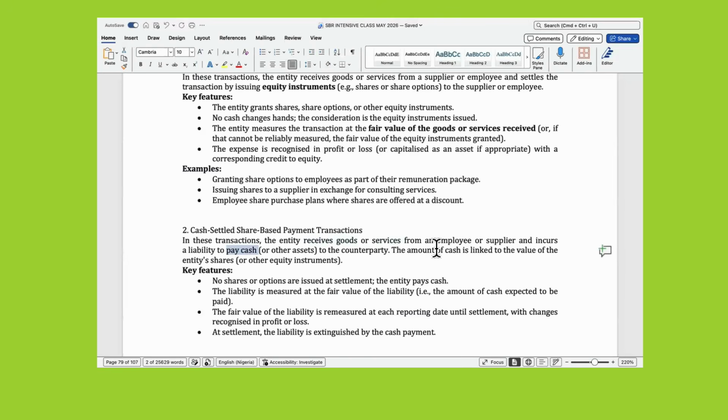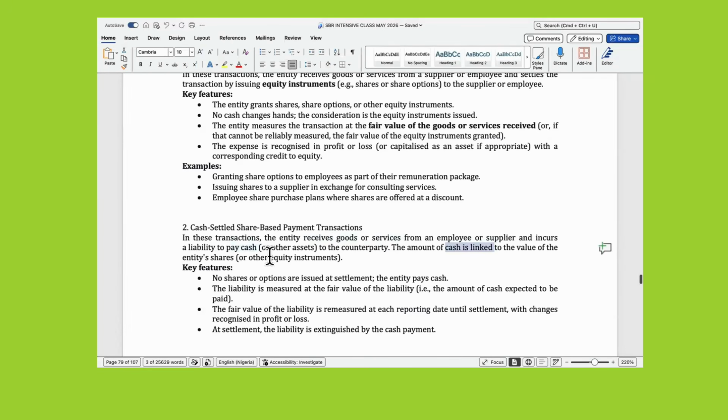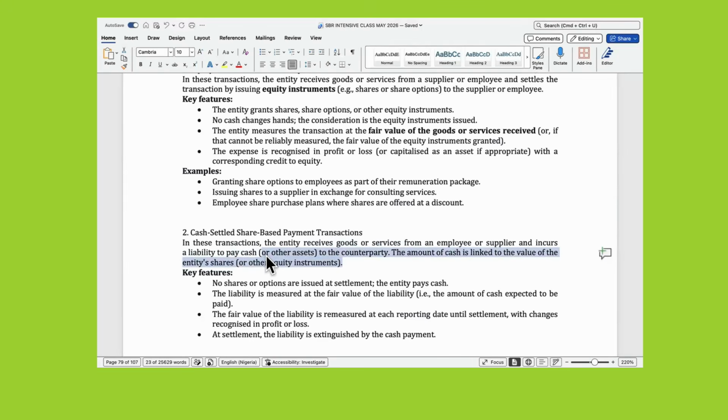But what is special about this is that the cash is linked to the value of the entity's shares. So this one has a distinct feature in the sense that the entity is still paying cash, not now, but in the future. And the value of the cash is based on the entity's shares.